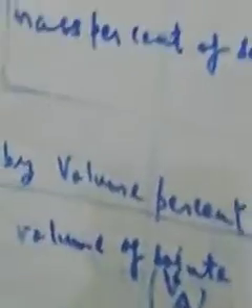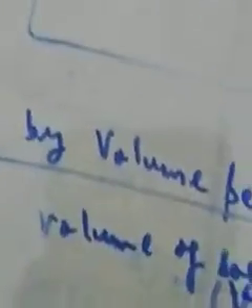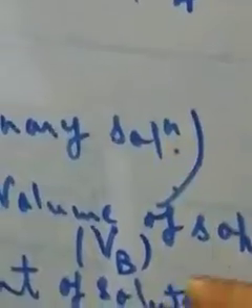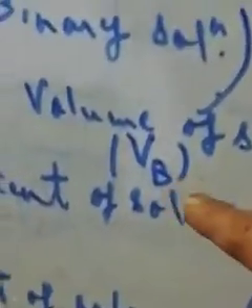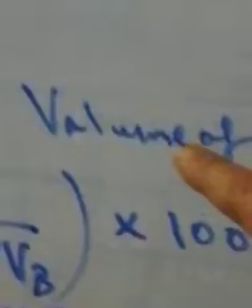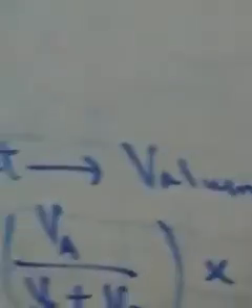Here, in place of mass we will put volume. So volume of solute is VA, volume of solvent is VB, and the volume of solution will be VA plus VB.